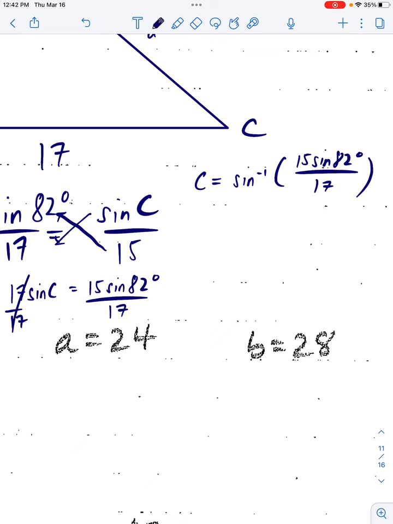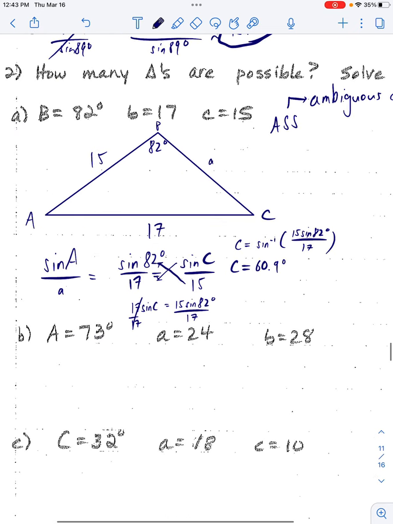So putting this in our calculator, 15 sine 82, we get C equals 60.9 degrees. So that's one answer we get here.